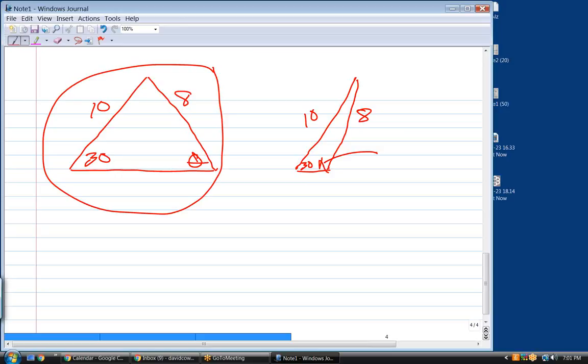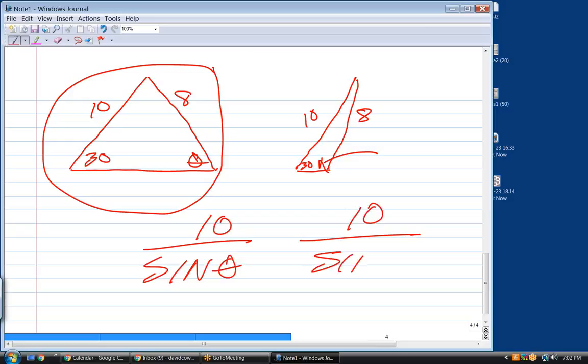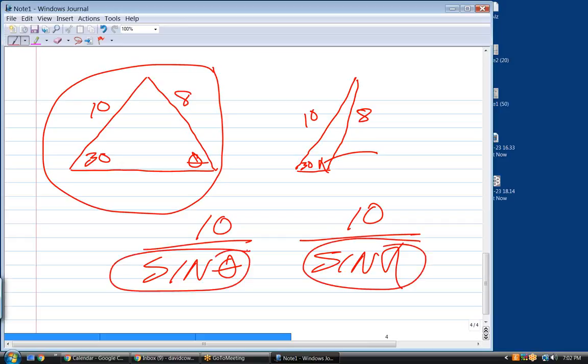Why does the law of sines still work? Because in this triangle over here, you have 10 over the sine of theta, and in this triangle over here, you have 10 over the sine of alpha, but alpha is supplementary to theta, and the sine is positive in the first two quadrants, so this is the same number as that.